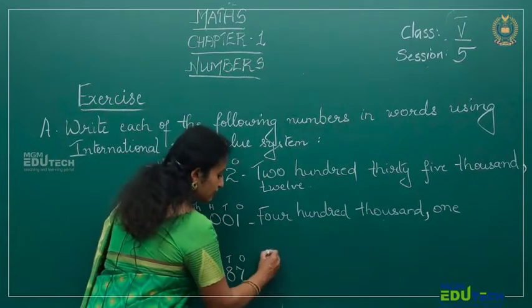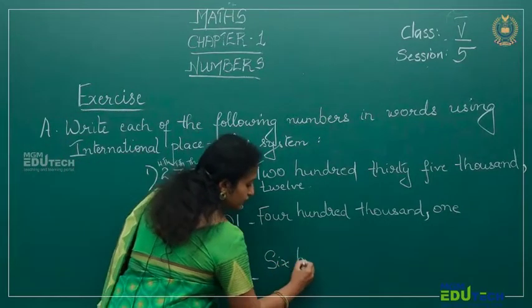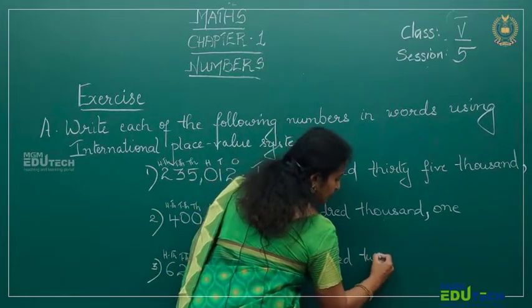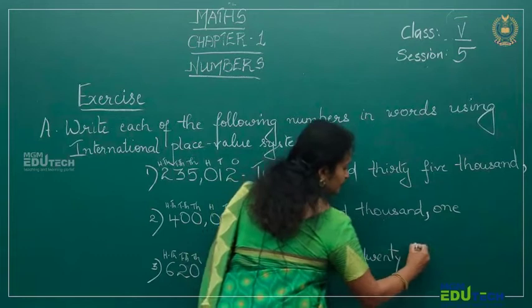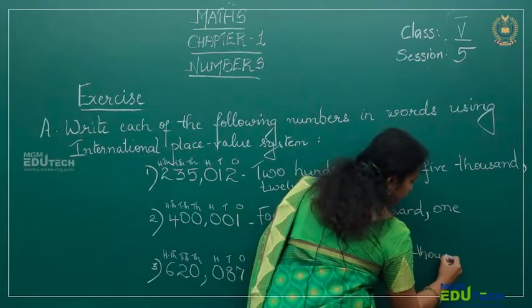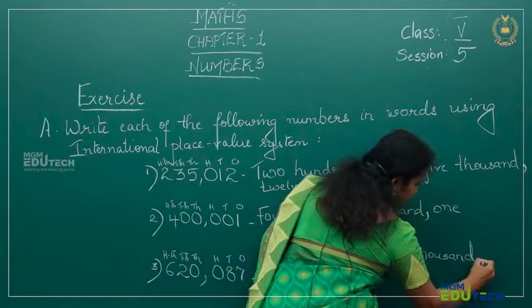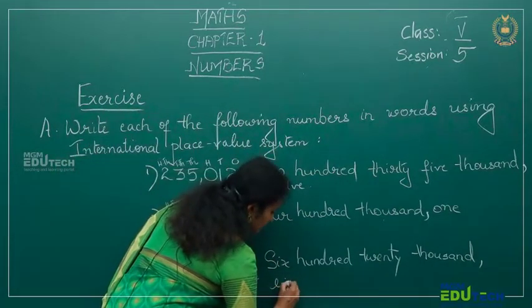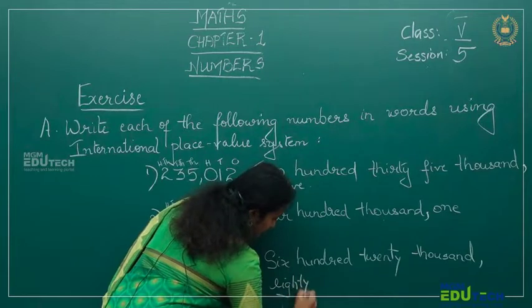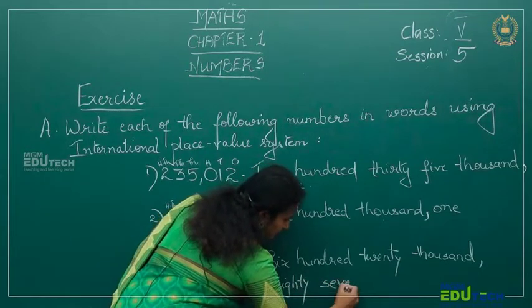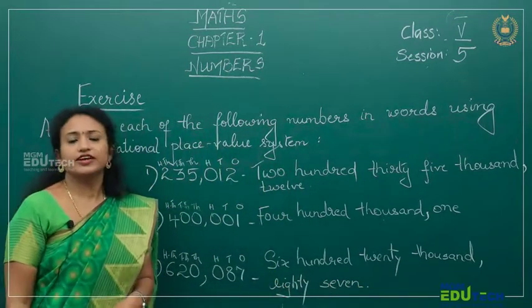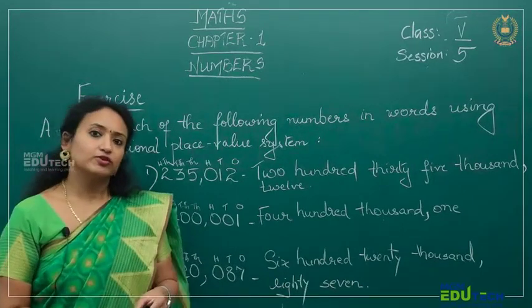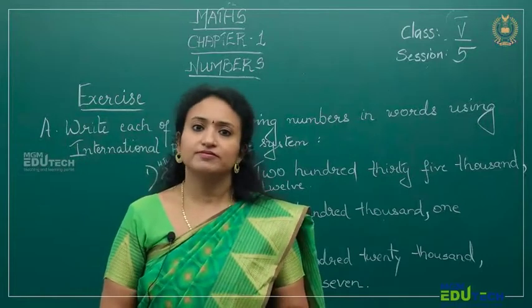So 620,087. 87. Correct. Understood this part? Yes? So let's move on to the next question.